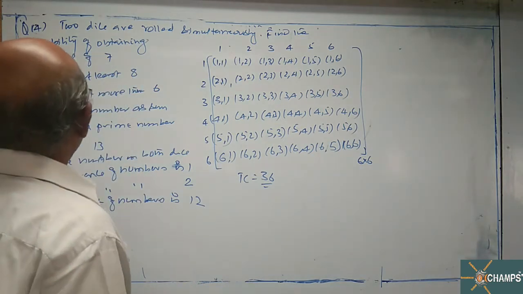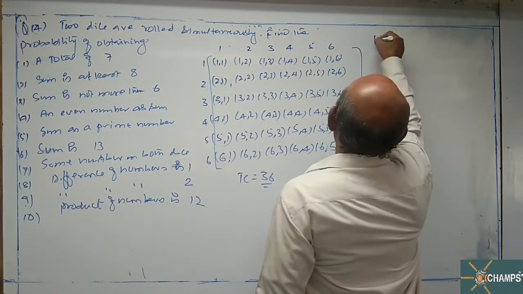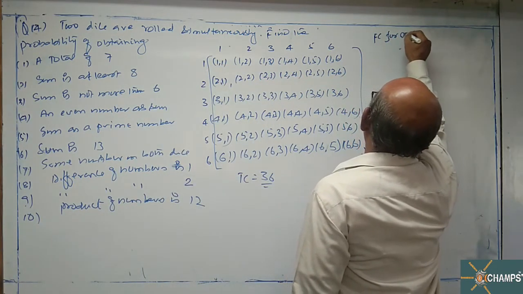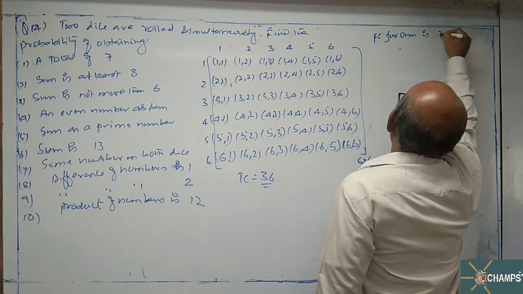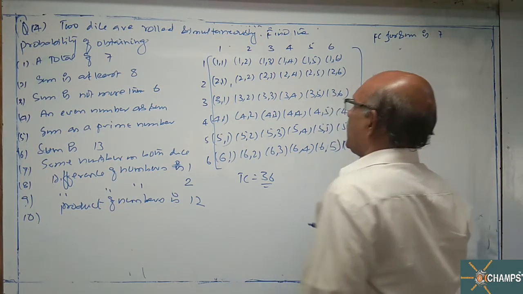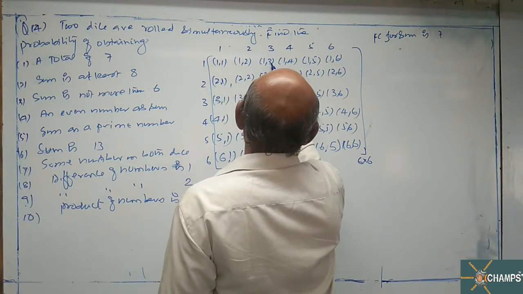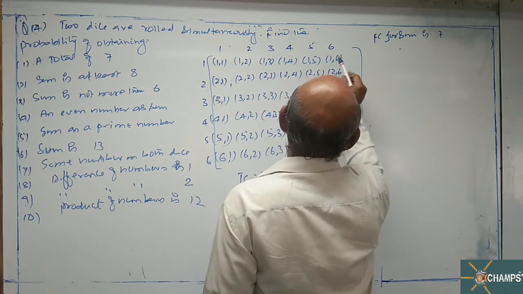Now let us see question number 1, a total of 7. Favorable cases for sum is equal to 7. Look at this, sir. In the first row, 1 plus 1 is 2, 1 plus 2 is 3, 1 plus 3 is 4. This way, if I move, 1 plus 6 is 7.